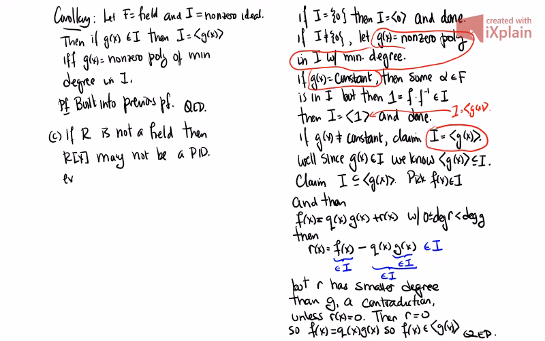So for example, in Z[x], the ideal generated by x and 2, I can still write an ideal as follows, the ideal (x, 2), is not principal.